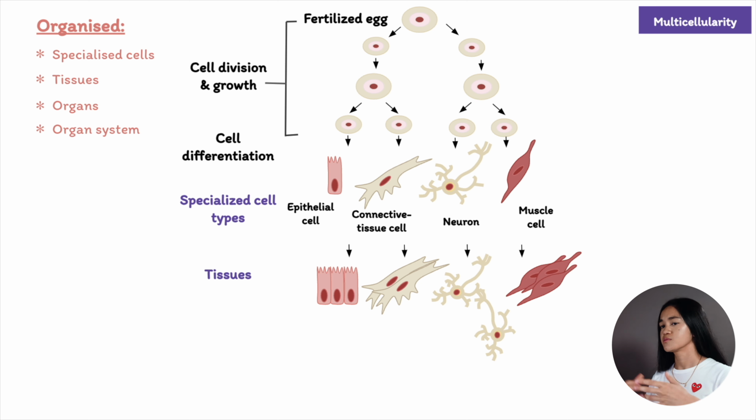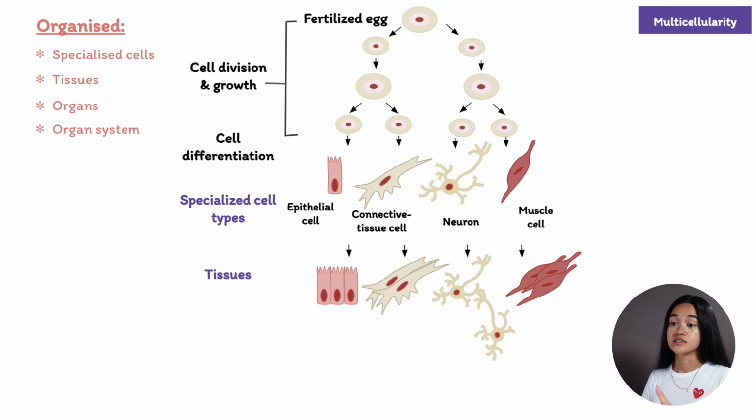Okay, now from specialized cells come tissues. Differentiated cells with similar structure and specialized function combine to form tissues. So tissues are groups of similar cells working together to perform a particular function. And we have 4 general types of tissues. Muscle tissue, which consists of cells specialized for contracting, generating tension, and producing movement.